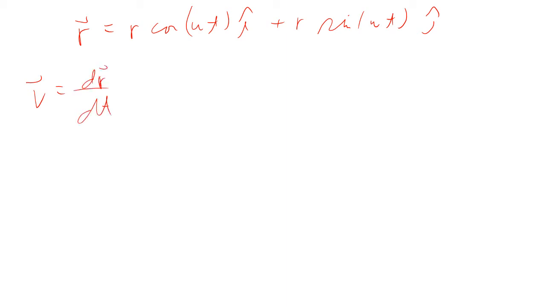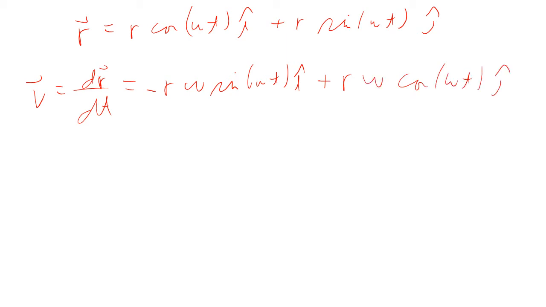If we look at that, we have r, and the derivative of the cosine is negative sine. The derivative of the omega t is omega. And over here, we have r, the derivative of the sine is the cosine, and omega comes out.